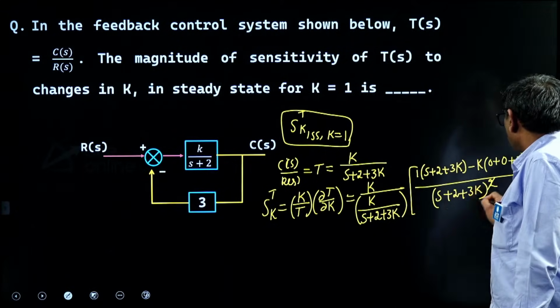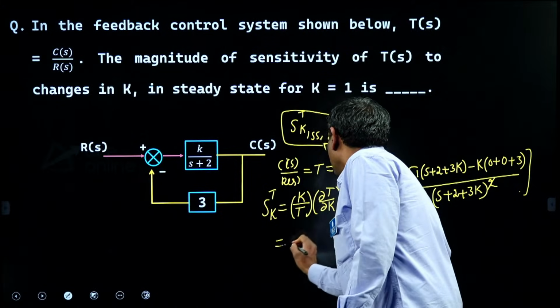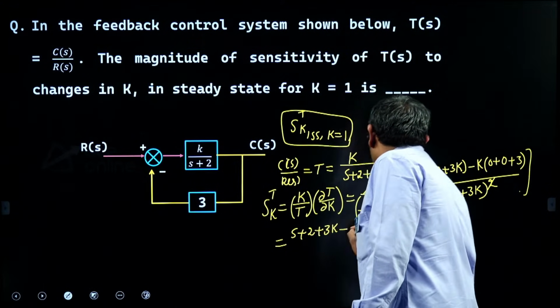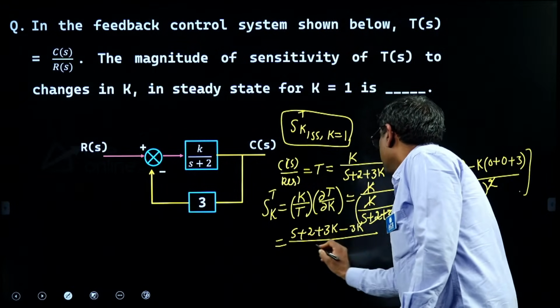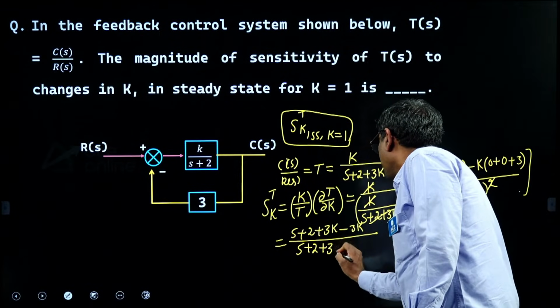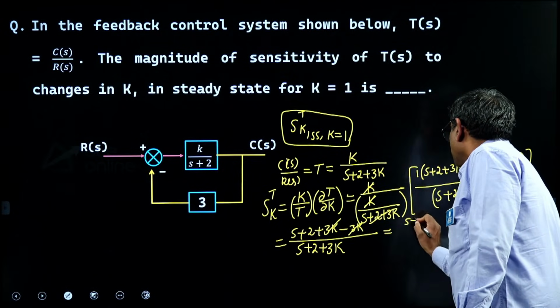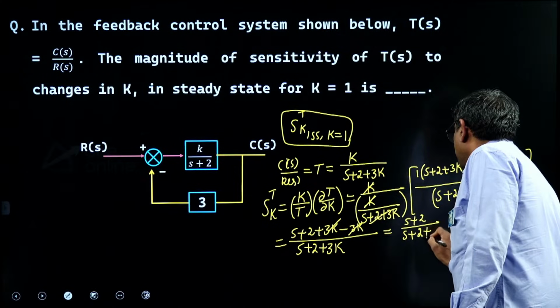Now this square cancels, K K cancel, then what is left? Here s plus 2 plus 3K, minus 3K divided by s plus 2 plus 3K. Then 3K cancels. Then what you are getting? s plus 2 divided by s plus 2 plus 3K.